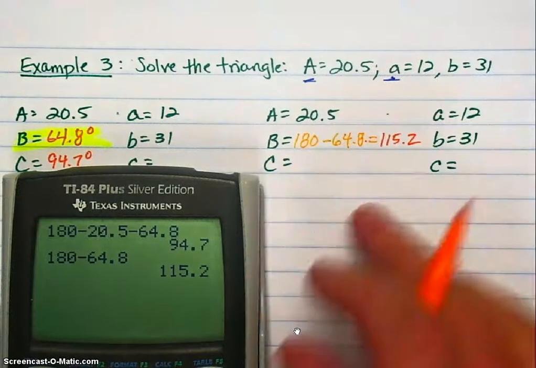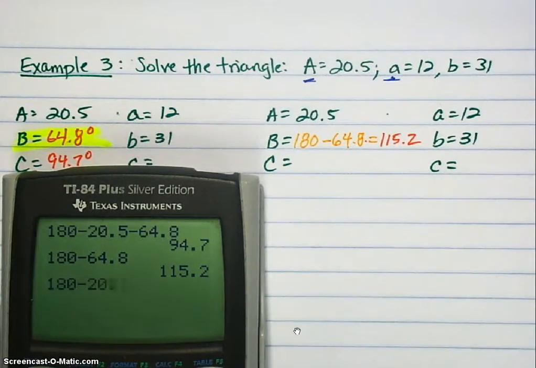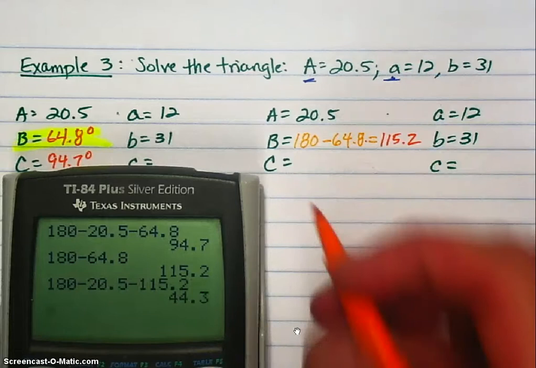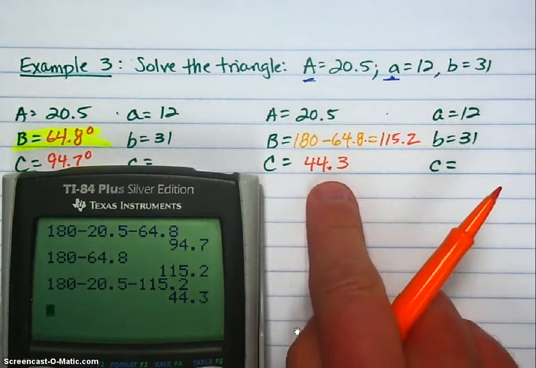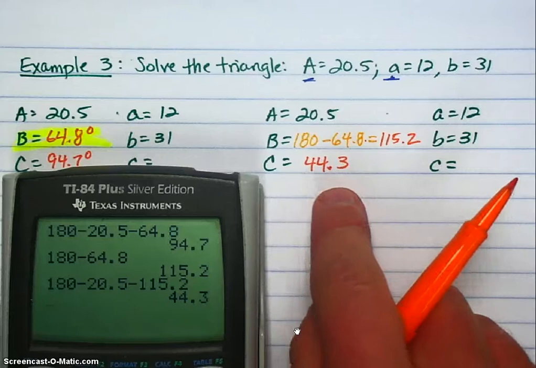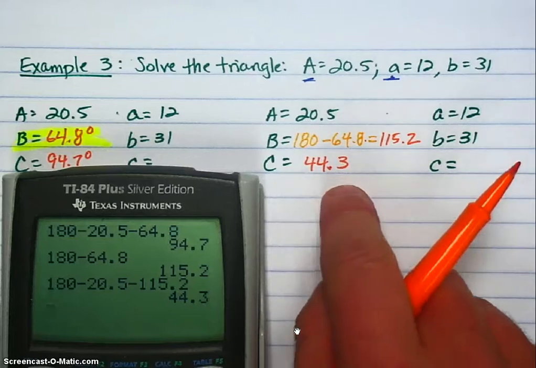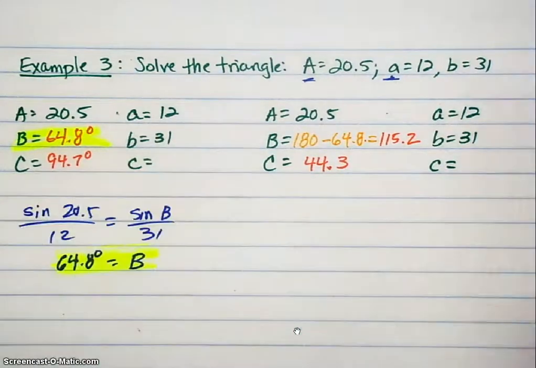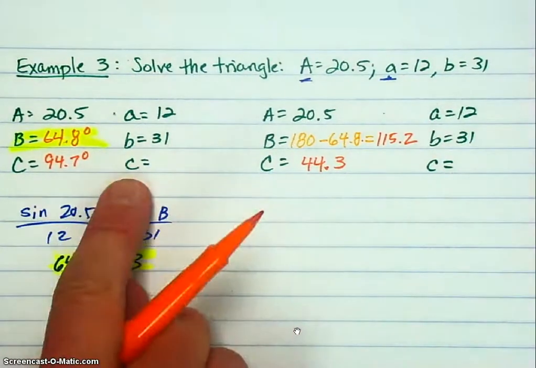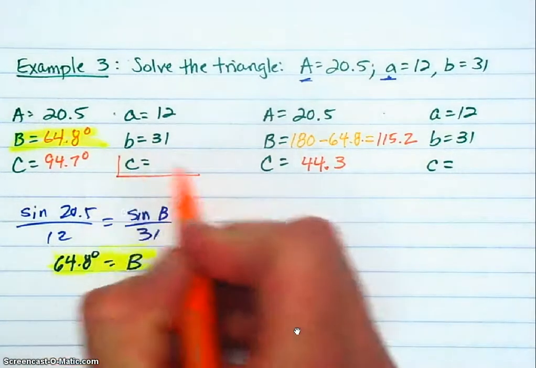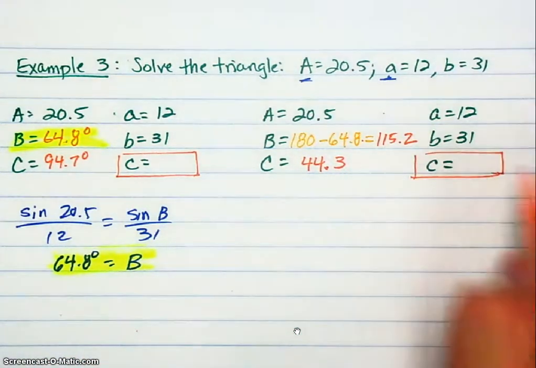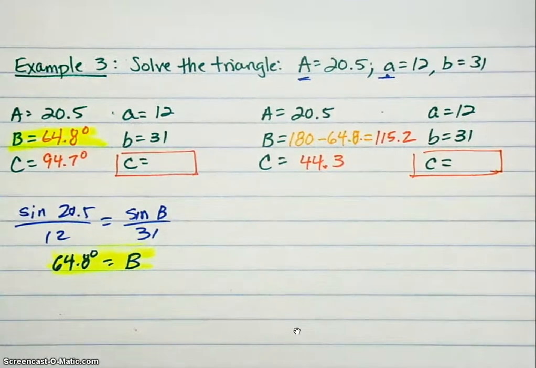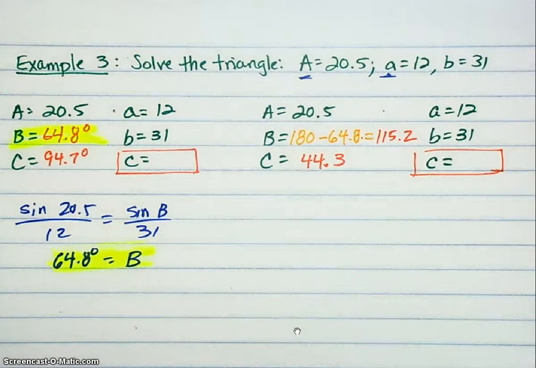Now if I take 180 and I subtract 20.5 and I subtract 115.2, I now get 44.3. I didn't get a negative number like I did on the previous example. So what that means is, yes, I do have a second triangle. So now I have to go back to the first triangle and solve for C, and then I also have to solve for C in the second triangle over here, and I'm going to get two answers for this.